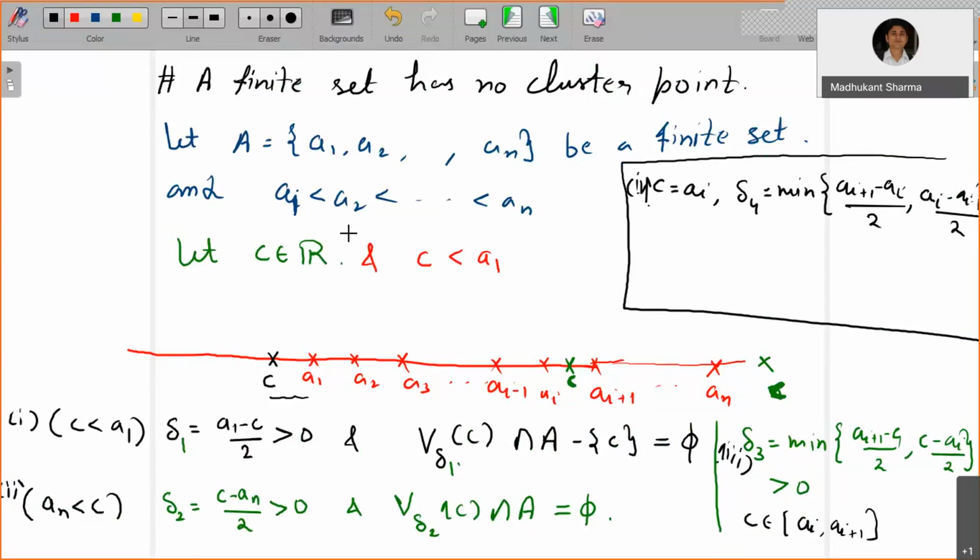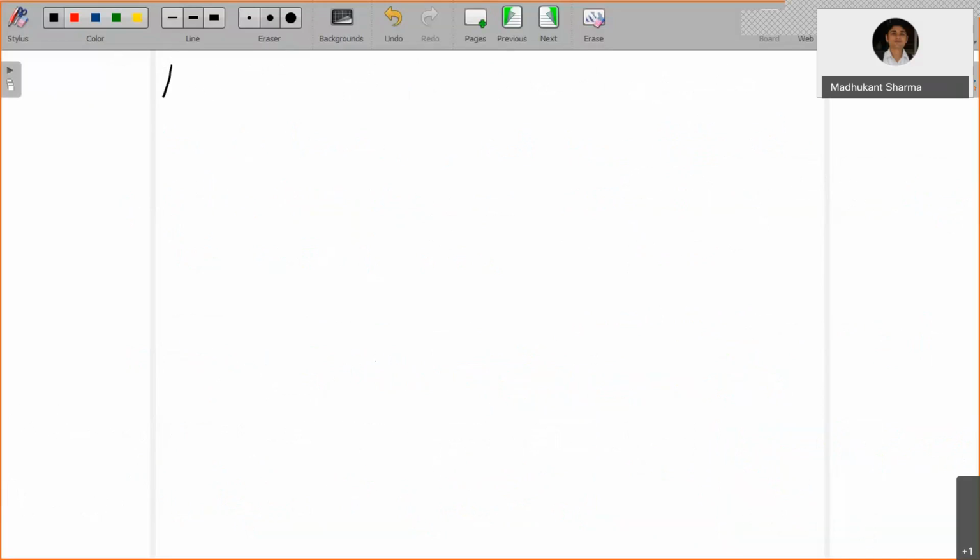But that will never imply that every infinite set has a cluster point. In this statement, a finite set has no cluster point does not imply that every infinite set has a cluster point. For example, you can look at the set of natural numbers.